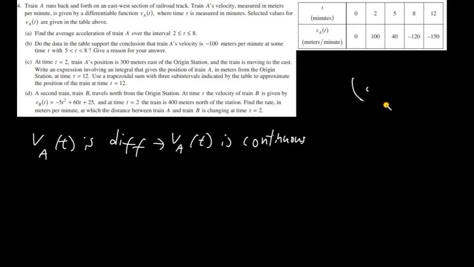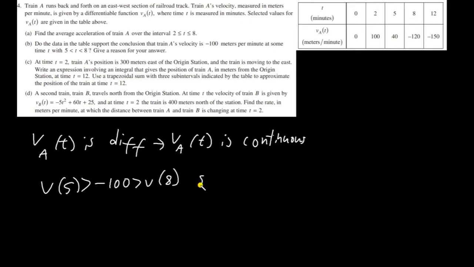So basically, I'm just explaining to you the intermediate value theorem. We're saying that v of 5 is greater than negative 100, and negative 100 is greater than v of 8.